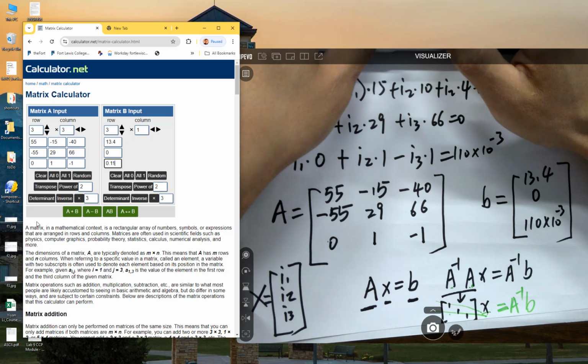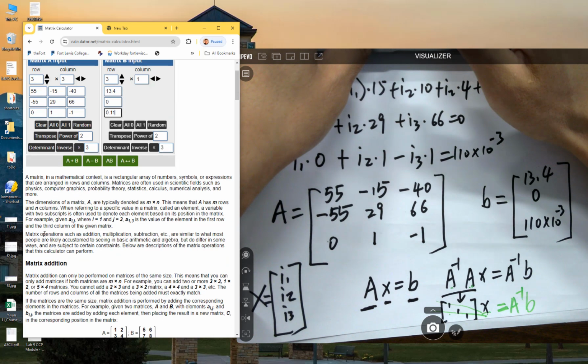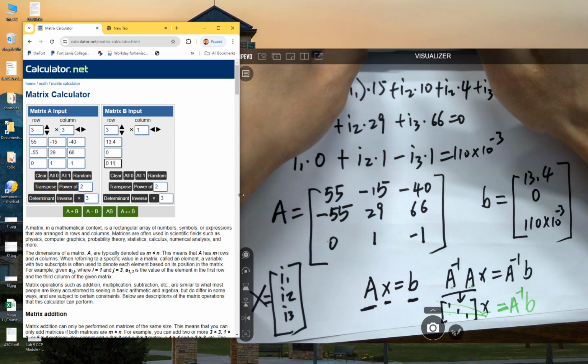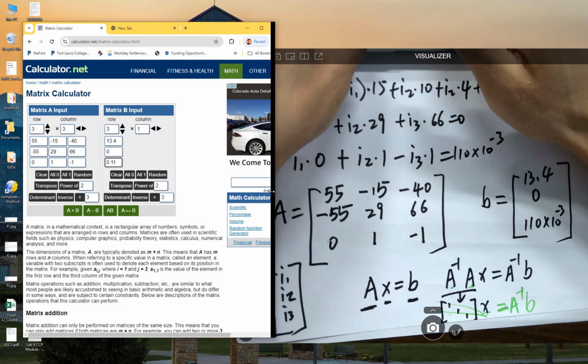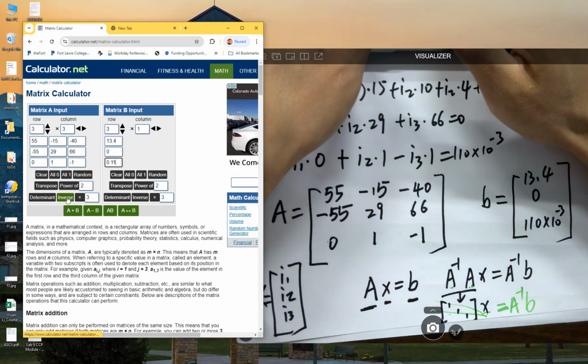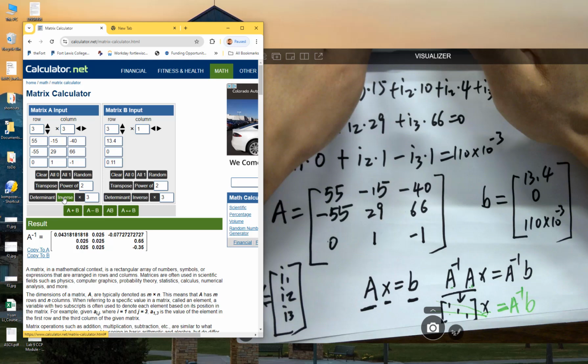So we have to find the inverse matrix of A. Right, there's a calculator. Inverse. Let's try to do the inverse first. Okay. Here's the inverse, right?